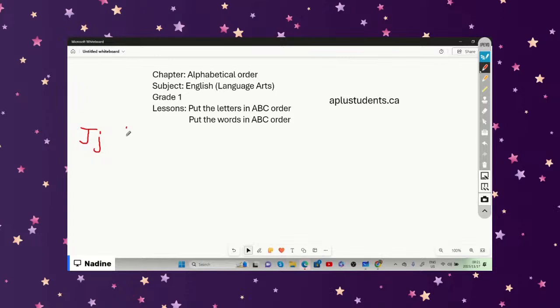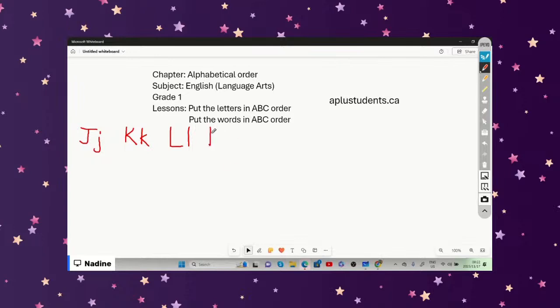Then we have K. L, or we can say L for lemon.